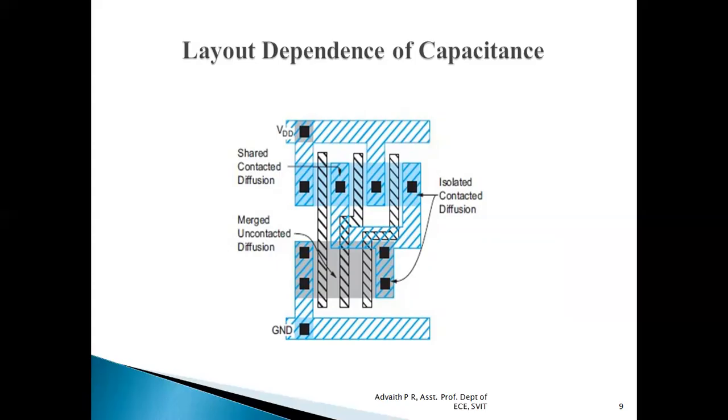A normal conservative method of estimating capacitance before layout is to assume uncontacted diffusion between series transistors and contacted diffusions on all other nodes. The same thing is explained in this particular diagram. In this layout diagram, there is a shared diffusion contact over here, and there is a merged uncontacted diffusion here. Here, the diffusion is uncontacted, whereas here, the diffusion is contacted.